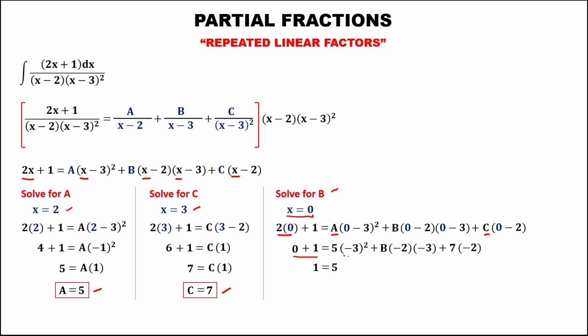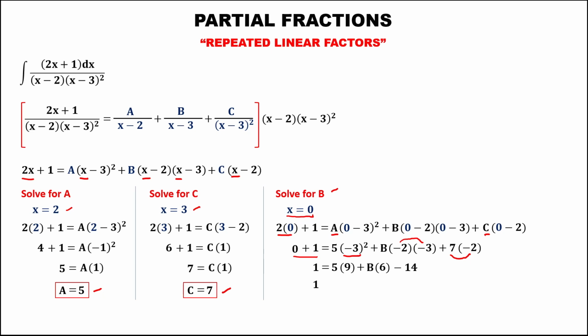So this negative 3 to the power 2 is positive 9, then plus b. This negative 2 times negative 3 is positive 6. And this positive 7 times negative 2 is negative 14.